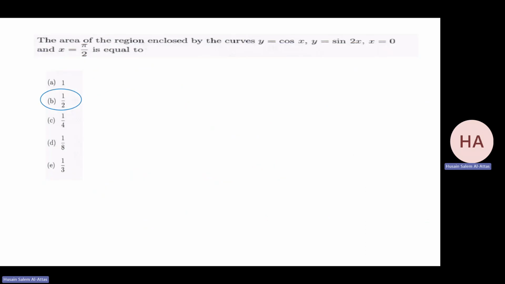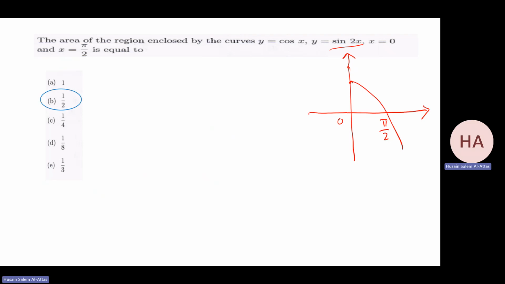Yeah, a matter of calculation. I'll finish with this question, which is a nice one. Be careful in the graph. y equals cosine x, this is cosine x. I care about 0 to pi over 2. But what about sine 2x?